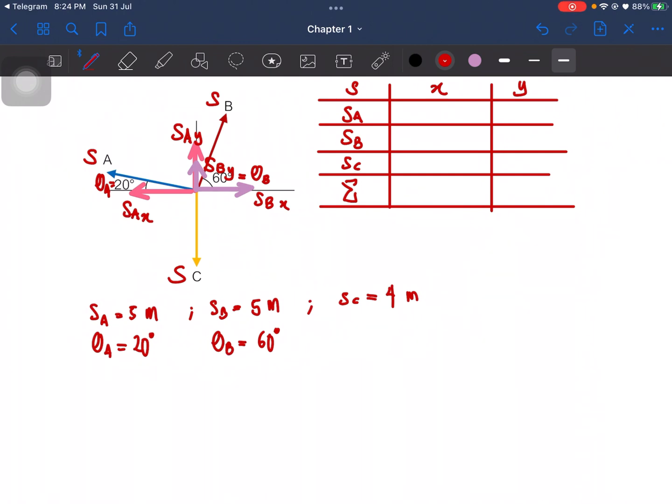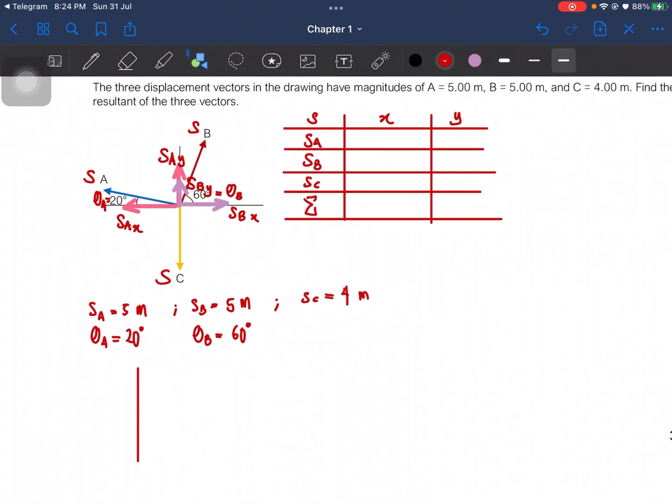Okay, so and then this is going to the left. Anything that goes to the left will be negative, and anything that's going down will be negative as well. So if it is going to the right and going up, it is gonna be positive. Okay, so always remember that part.